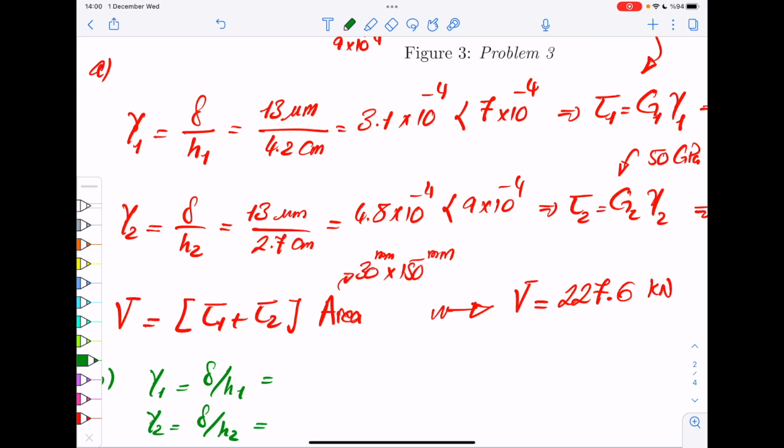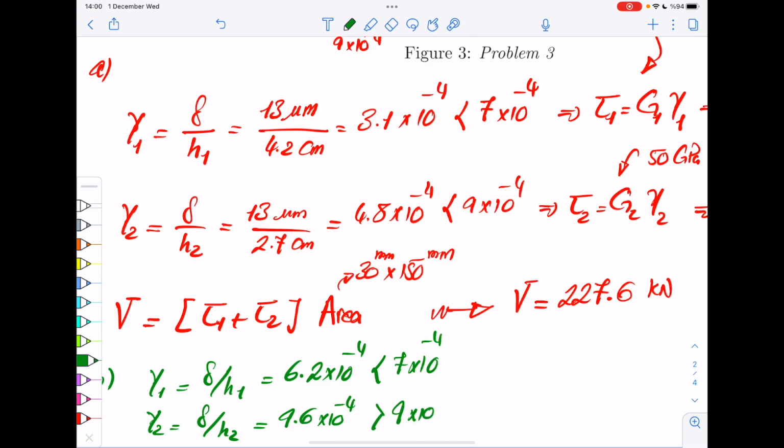Now, if you calculate gamma 1, that would be 6.2 times 10 to minus 4, which is still less than 7 times 10 to minus 4. So we are still in elastic regime for the first one. But for the second one, we will get 9.6 times 10 to minus 4, which is no longer smaller than 9 times 10 to minus 4.